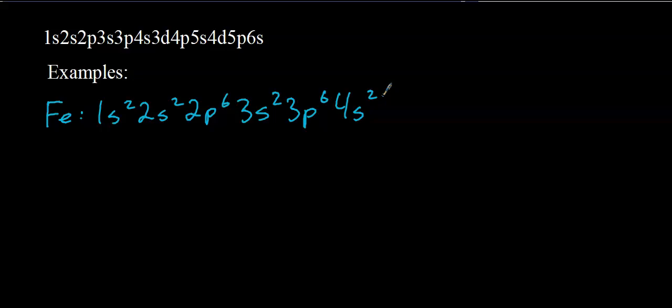What fills after the 4s sublevel? 3d. So notice it goes in numerical order sort of until we get to that 3d. We see the same thing with the 4d, so just be careful there. So the electron configuration for iron: 1s2, 2s2, 2p6, 3s2, 3p6, 4s2, 3d6.